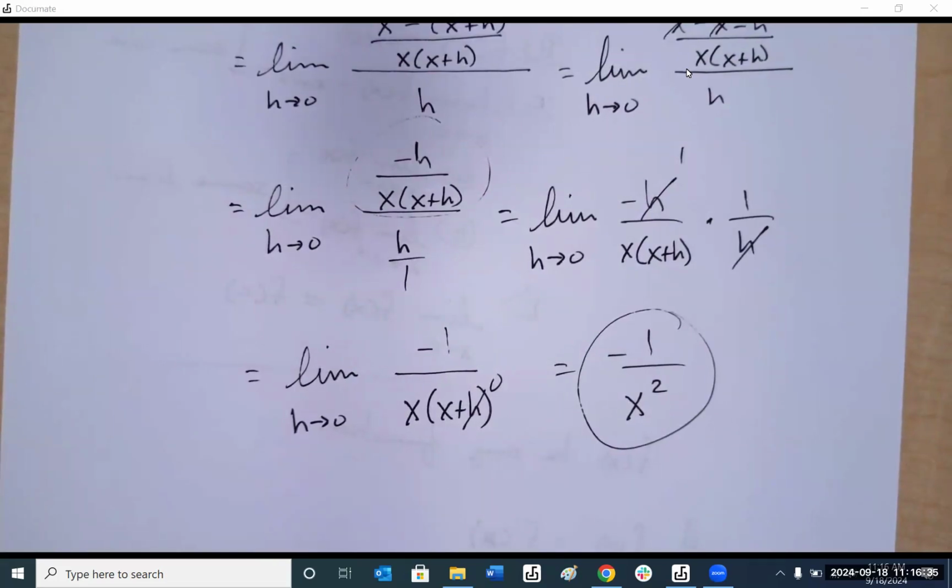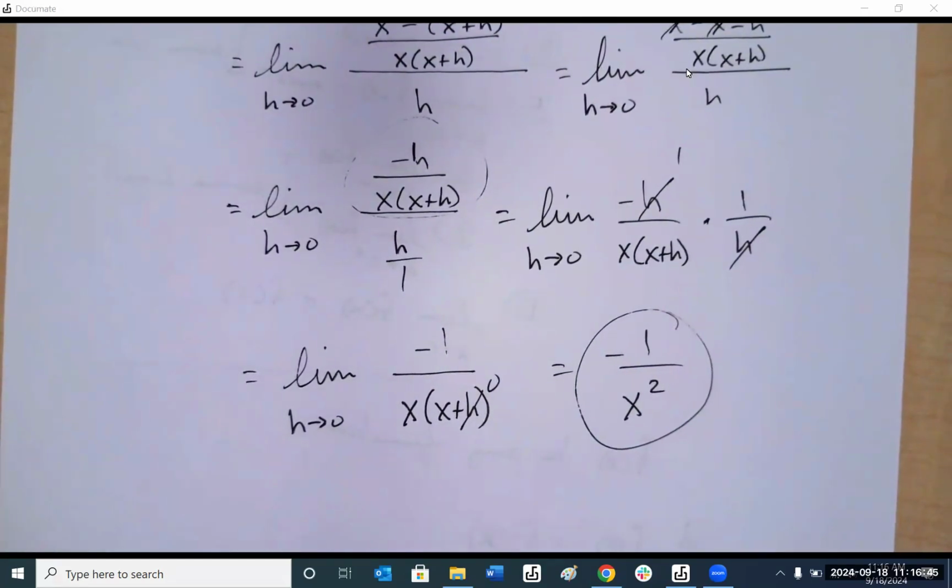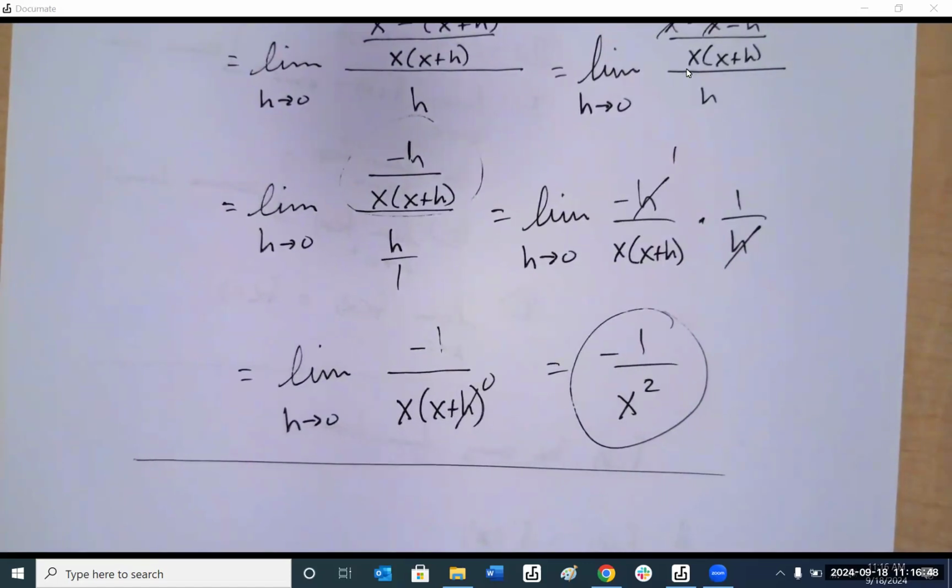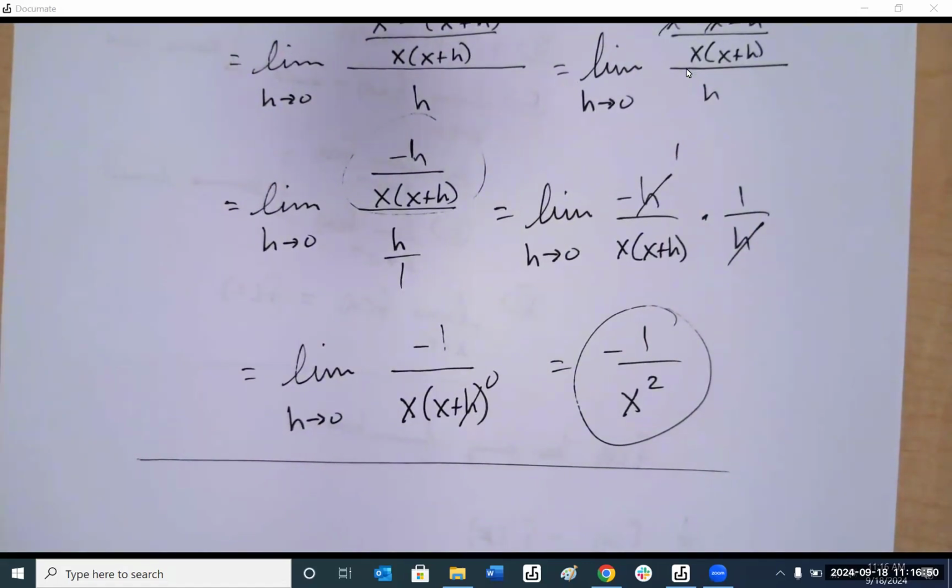Who thinks that's time intensive? Let me show you a shortcut. We'll do the same thing in about 3 steps.